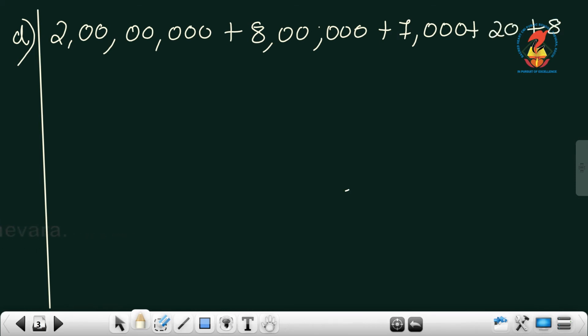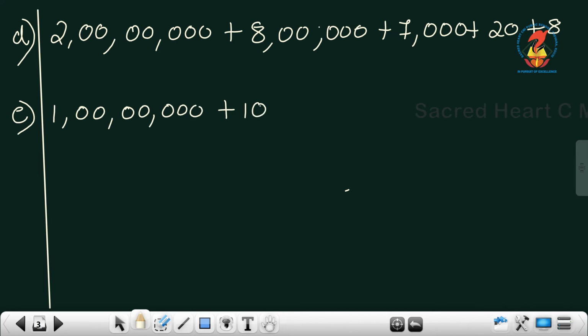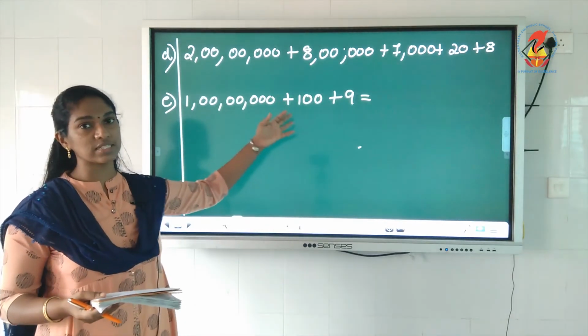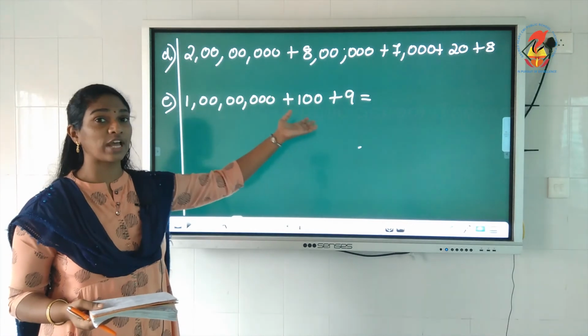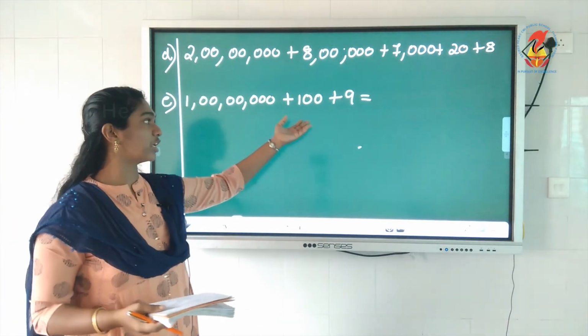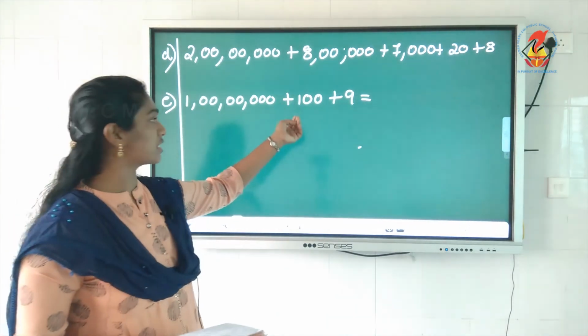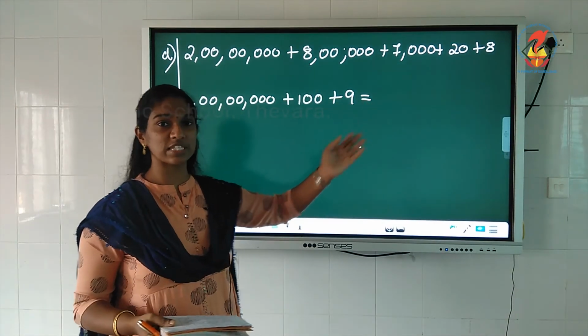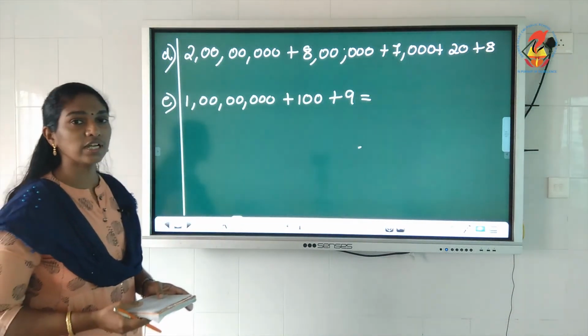There are many places missing over here, so be careful when you are writing the answer in standard form. 1 crore plus 100 plus 9. From the question itself it is understood there are many places missing over here. After crore you have gone to hundreds place, that means you don't have the lakhs place and you don't have the thousands period over here. 2 periods are missing. Again something is missing, find out and write out the number.